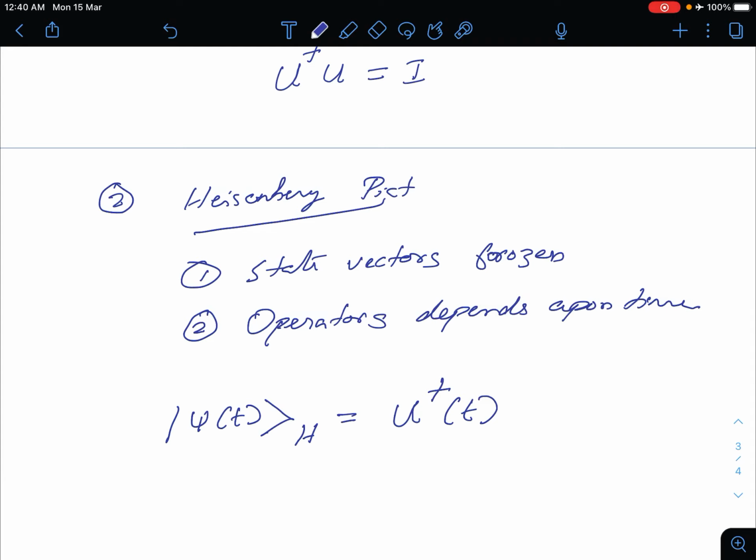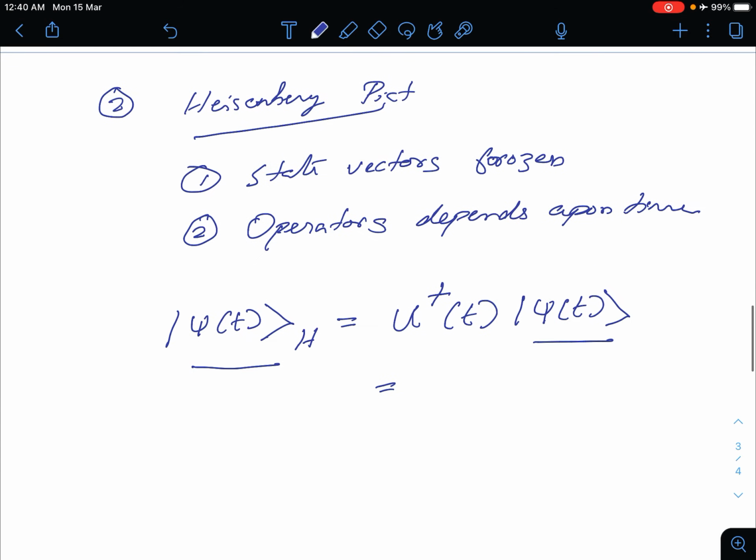Here the operator is a time dependent one, so u dagger acts on psi of t. This is the Heisenberg state function. When u dagger acts on it, it's simply psi of 0.